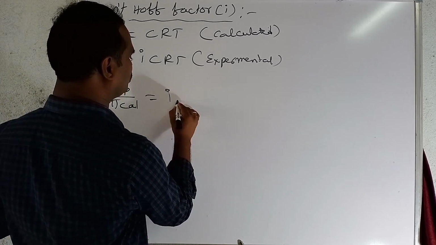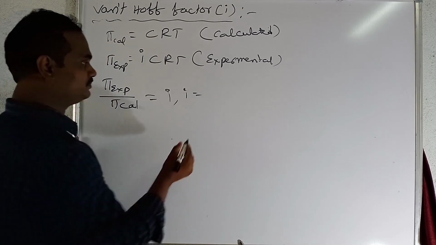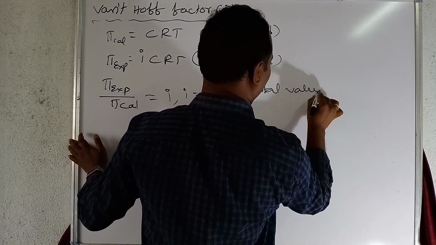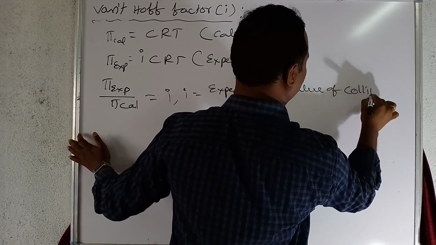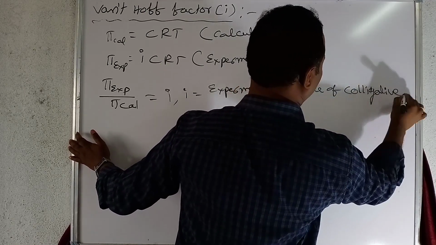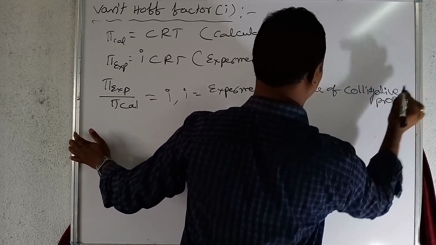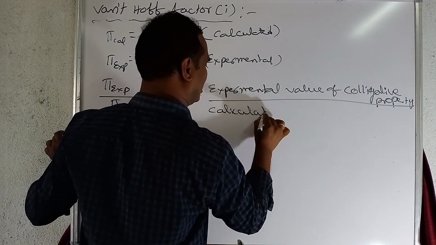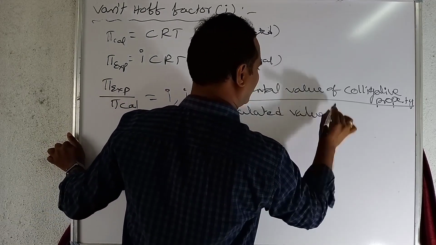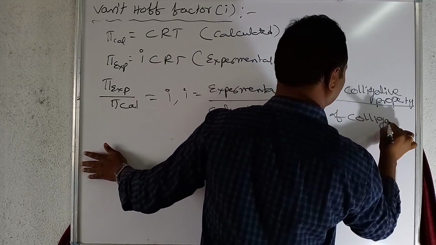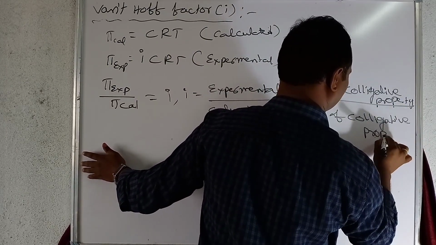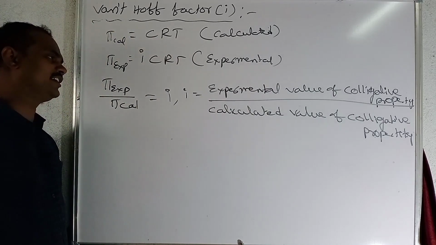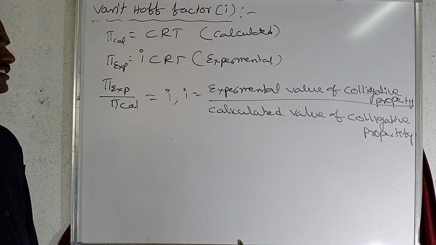So based on this, how to write this? i is equal to the experimental value of colligative property by the calculated value of colligative property.